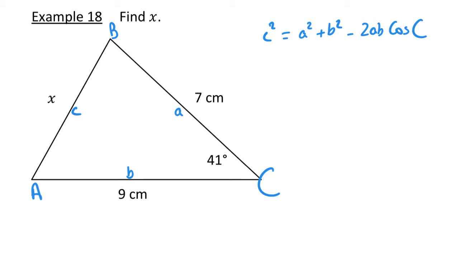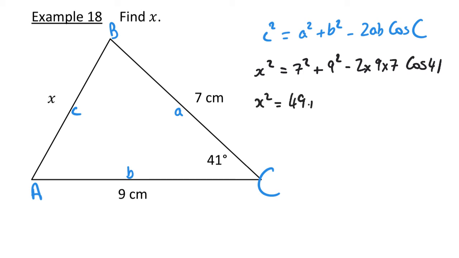We've got that x squared is going to equal 7 squared plus 9 squared minus 2 times 9 times 7 cos 41. So x squared is going to be 49 plus 81 minus 126 cos 41.